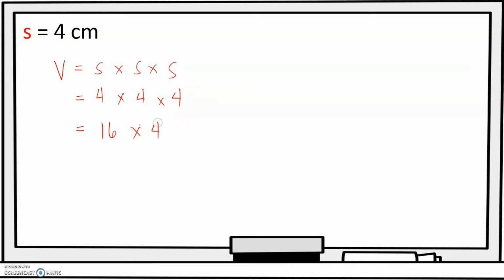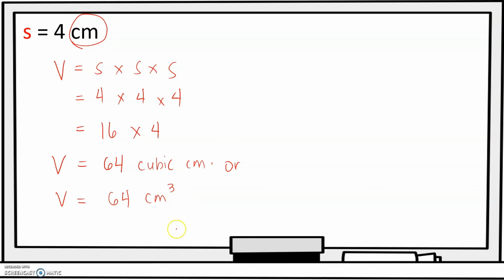Multiplied by another 4, we will get 64. Then the unit given is centimeters, so our answer will be volume is equal to 64 cubic centimeters. Or we can have it as volume is equal to 64 cm, then an exponent 3. Let's try another example.